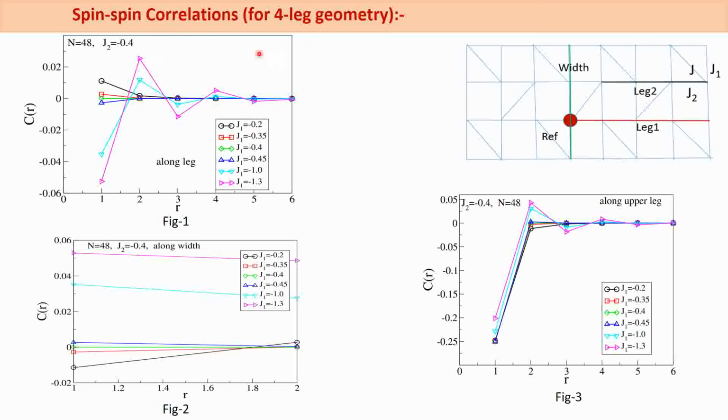Here we have shown a few results obtained from the 4-leg geometry. Figure 1 is showing the correlation along the leg, figure 2 is showing the correlation along the width, and the correlation along the upper leg is shown in figure 3.